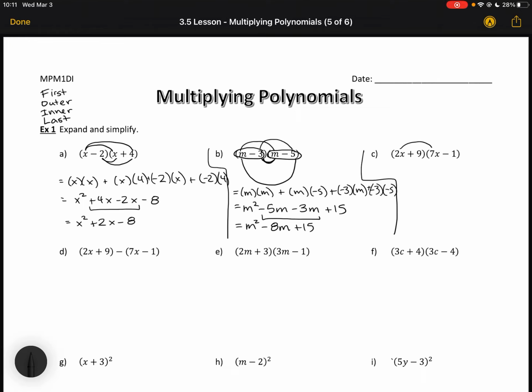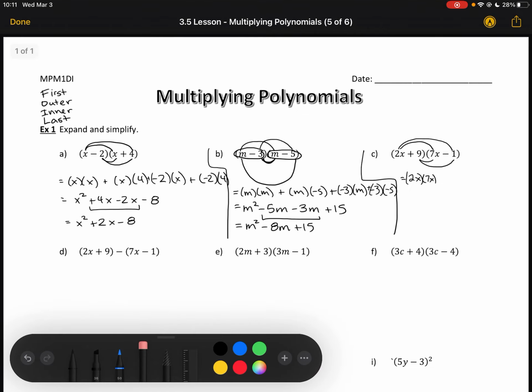Okay, two more binomials. First times the first, outer, inner, last. So we've got 2x times 7x. Let's just rewrite that.